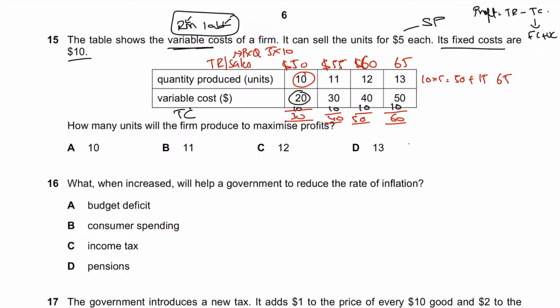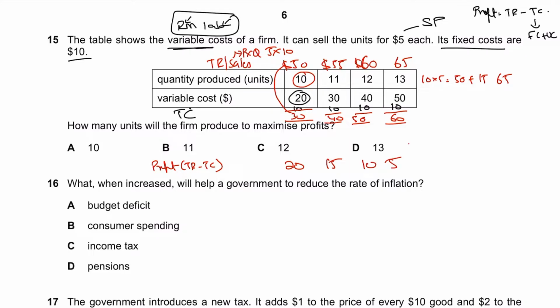Again, now let's calculate the profit. The profit for the first one, for 10 units, is total revenue minus total cost. So you deduct 30 from 50, so you get a profit of 20. Then 55 minus 40, I don't have a calculator with me, so just taking time. 60 minus 50 is 10, and then this would be 5.